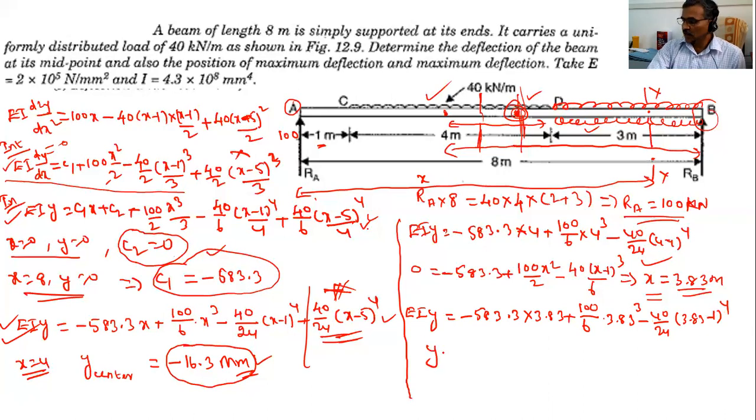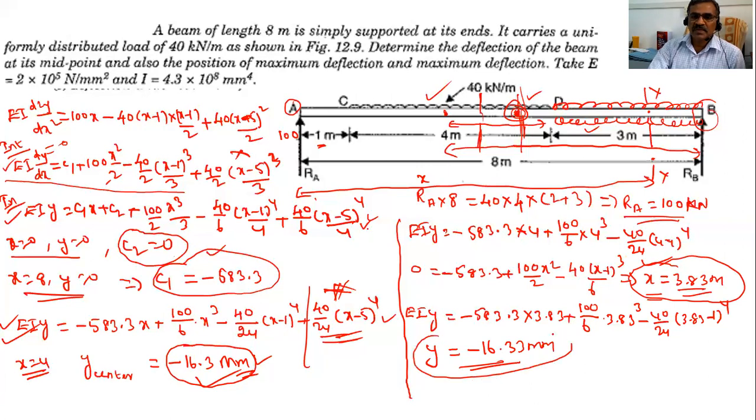If you calculate, the y value will be minus 16.33 millimeters. So now we calculated the deflection at center, that is 16.3 millimeters, the location of the maximum deflection, that is x is equal to 3.83, and also the maximum deflection, that is 16.33, right?